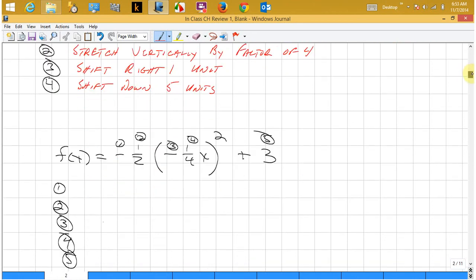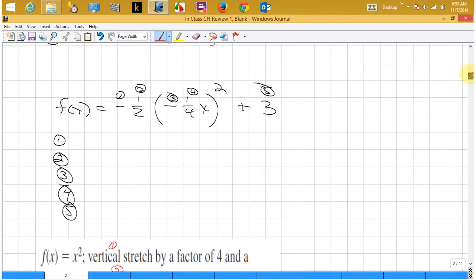Okay, moving to the next problem. The first thing here, we have a negative on the outside of the parentheses, so that's a reflection across the x-axis.